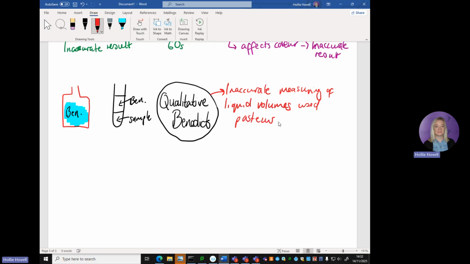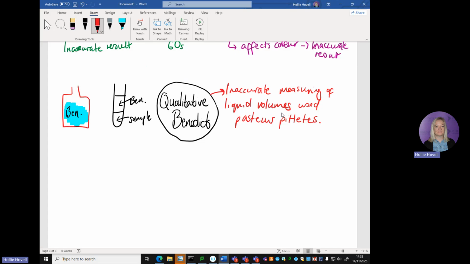Now, you have now worked out your percentage uncertainties. So what you could do is you could bring in those results to this discussion, and you could say that the percentage uncertainty of Pasteur pipettes is higher than graduated pipettes because the resolution isn't as good, because the interval between the markings are 0.5 millilitres, whereas on a graduated pipette it's 0.1 millilitres.